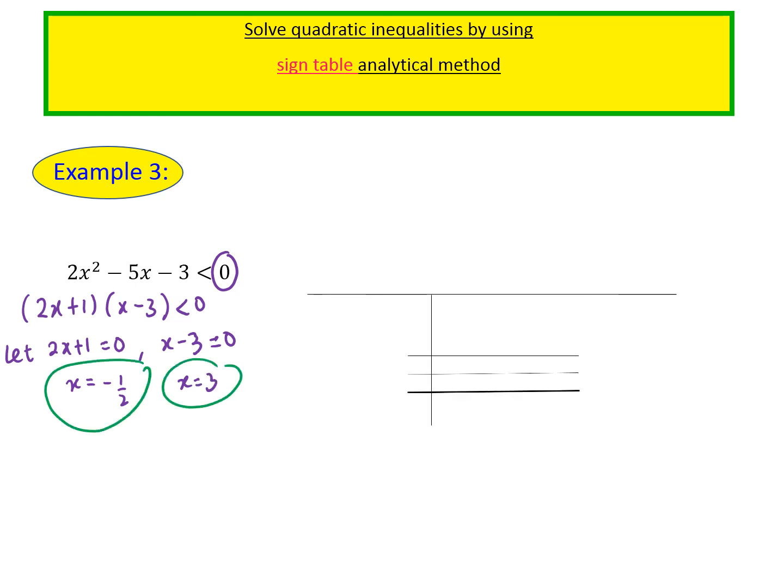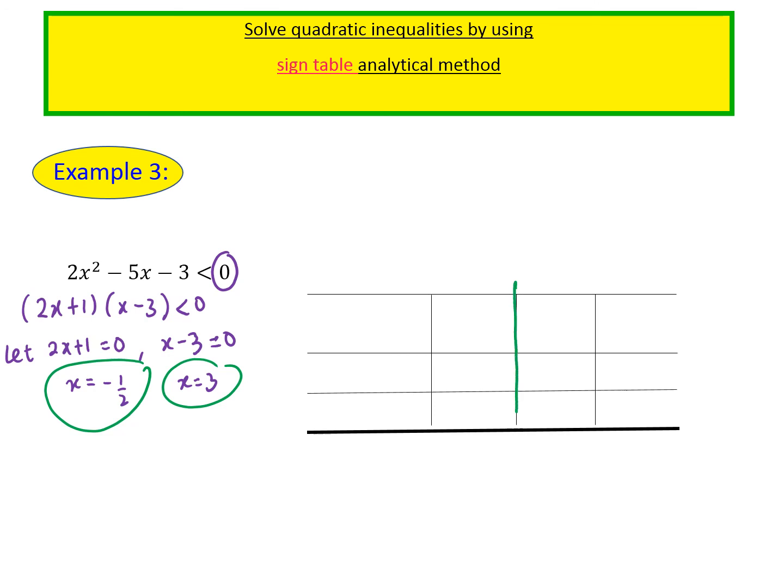I can now build my table of sign. So above these two lines, I'll put the numbers. Smaller numbers come first, so negative half and 3. And the points here are open. They are open because my inequality symbol is just less than. So open bracket. My intervals, open bracket at both ends.